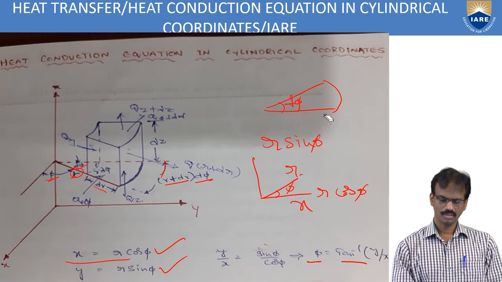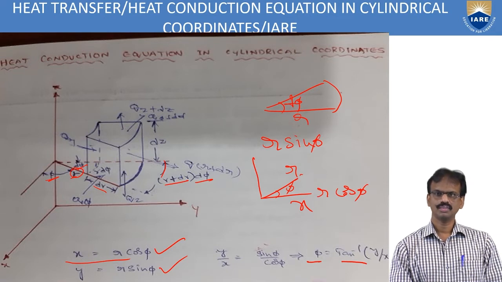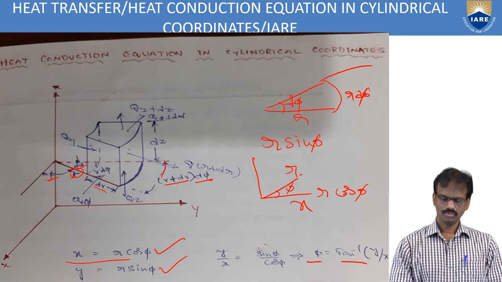The first one, this is the r, so this length is equal to r dphi.